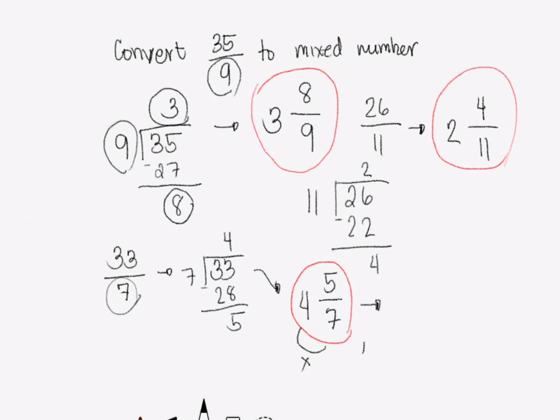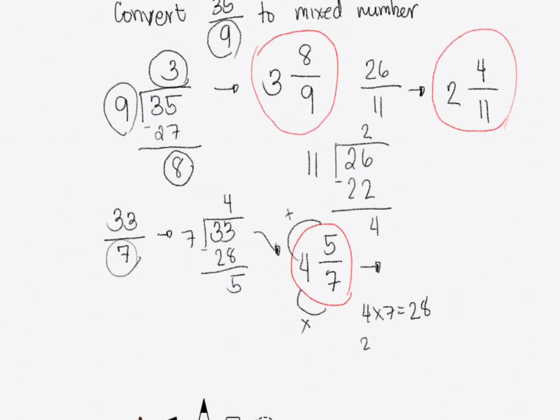So we have 4 times 7 is 28. And then add the answer doon sa numerator. So we have 28 plus 5 is equal to 33. And this final answer will be the numerator over the same denominator. And therefore, nagtali yung sagot natin sa original improper fraction.